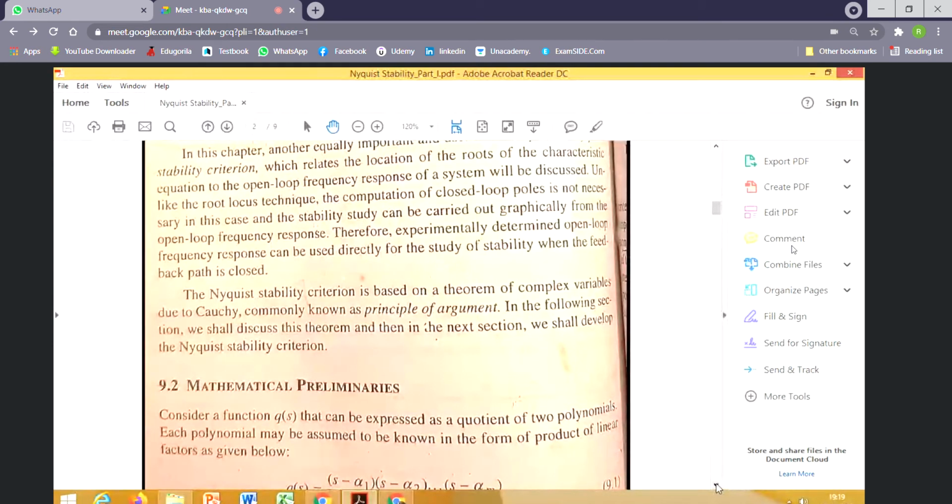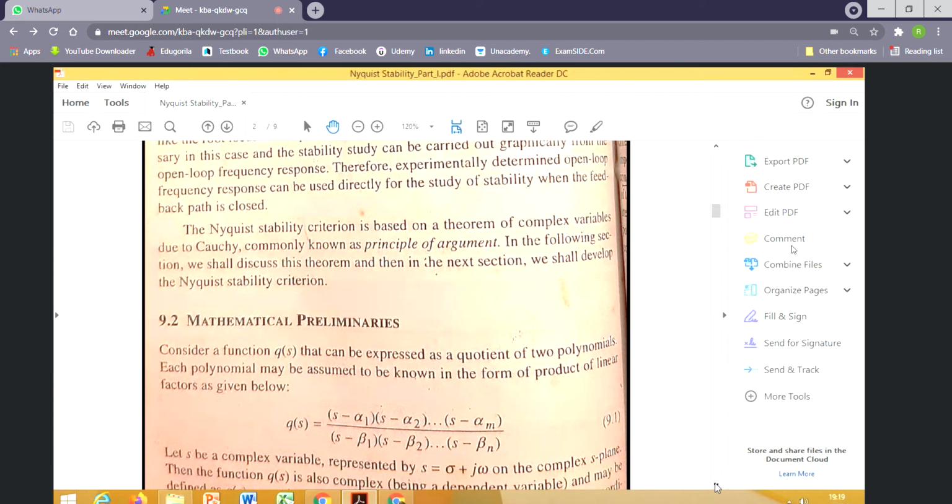So you know that very easily we can obtain the open loop frequency response for a given linear time invariant system. It's very simple to obtain, and if the open loop frequency response is known, then we can find out the stability of the closed loop system.